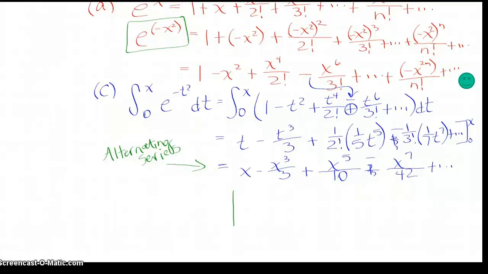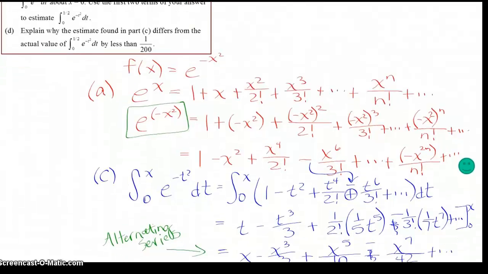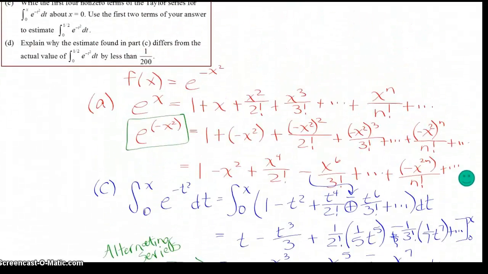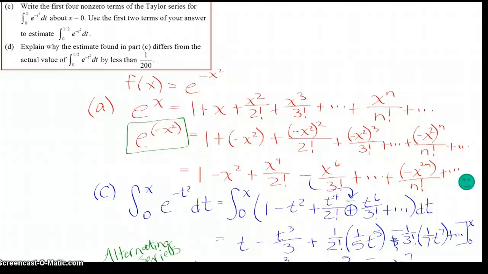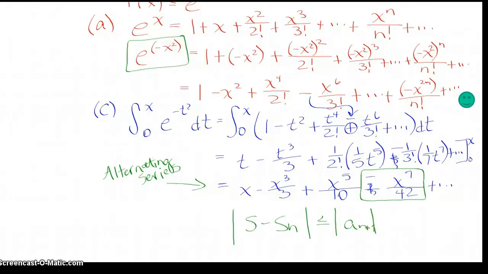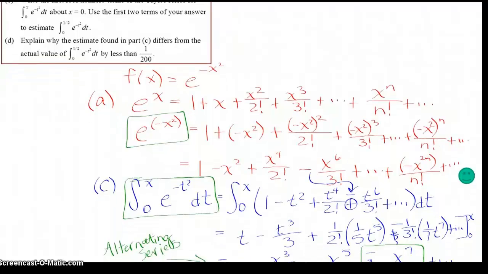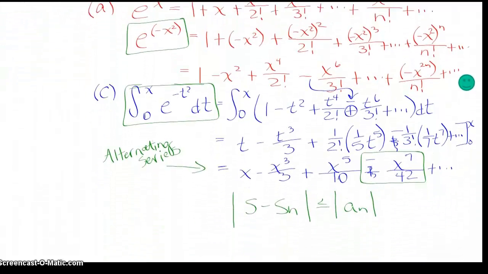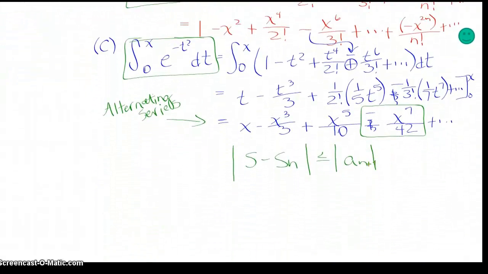The actual output of the function, which is that integral from 0 to 1/2, the actual sum minus any nth partial sum has to be less than the next term. Well, here's where we are on this integral, right? We're actually going to have to evaluate. I'll give myself some space here.